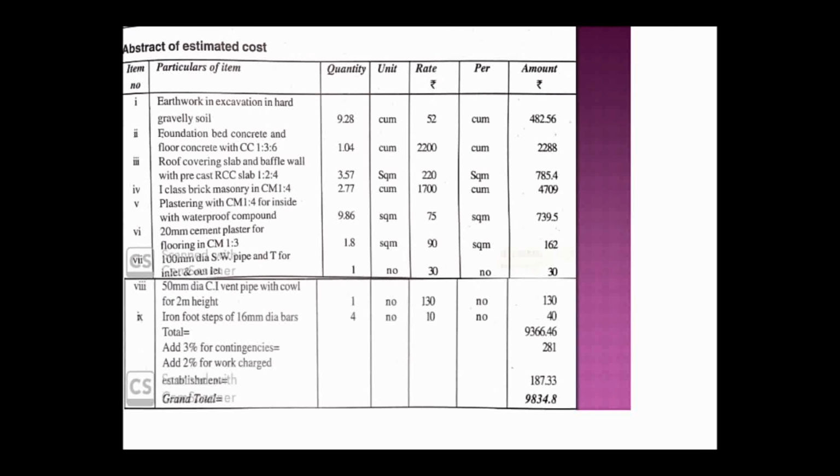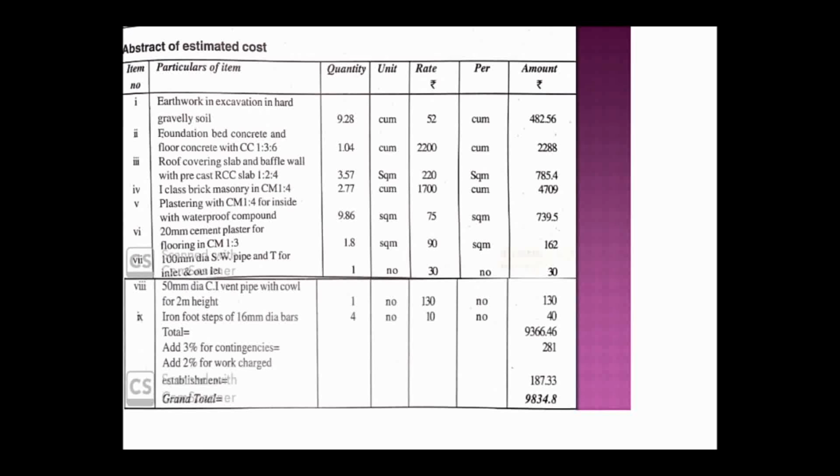Abstract estimation means what? They had provided some rates for each quantity, that we have to multiply. Here you can see the particulars of item whatever they had given, the item number, and the quantity whatever we had calculated, that also we have to put here, and units, in which unit we had calculated the quantity. Then the rates for each quantity they had given already in the problem, that we have to provide here, and the rate is per which quantity.